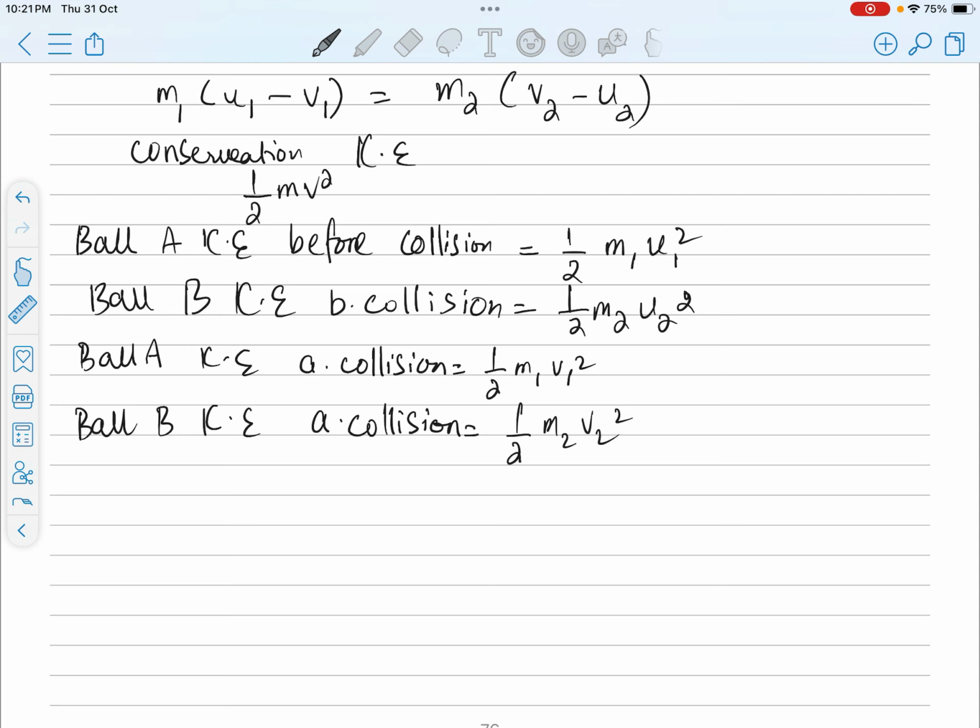So half m1 u1 square plus half m2 u2 square equals kinetic energy after collision, half m1 v1 square plus half m2 v2 square.